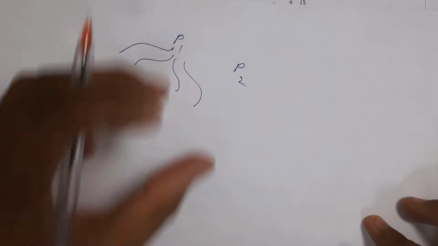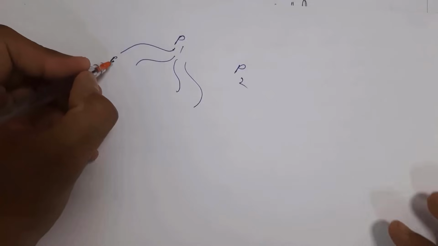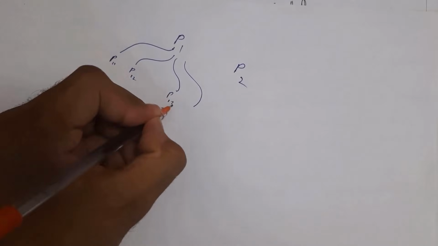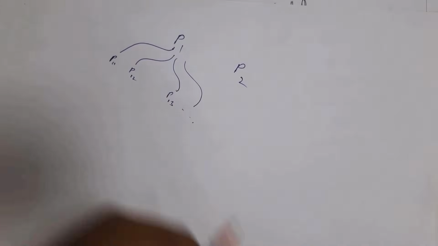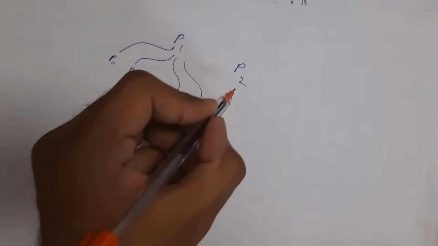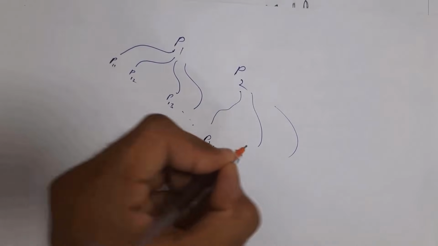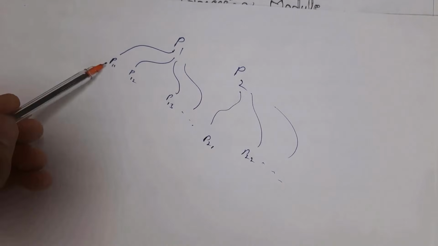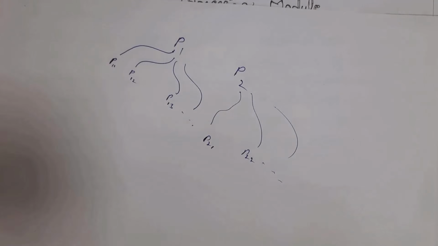I can divide P1 into multiple child processes like P11, P12, P13 and so on. Similarly, I can divide parent process P2 into child processes like P21, P22 and so on. And we can execute all of them parallelly, that is at a time. And these processes can communicate between each other.